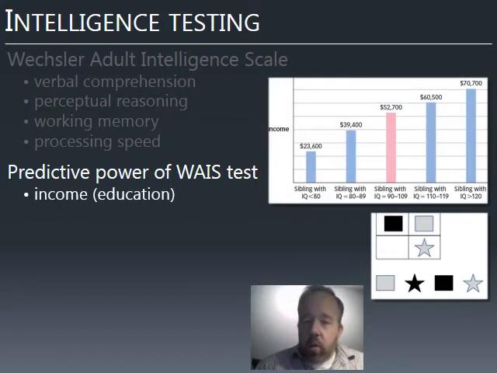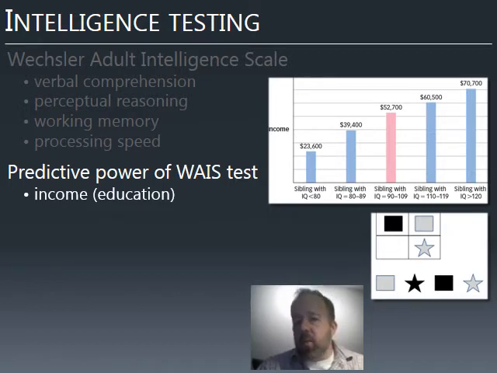So one of the things it correlates with is income. And this is a figure from your book in the upper right that looks at the income levels of siblings within a family. And of course, this is aggregated over lots and lots of siblings. But the income level correlates with the IQ of the individual.